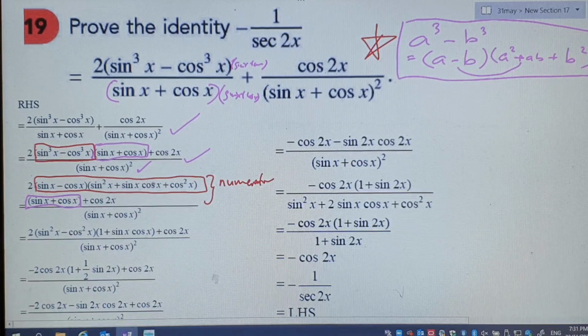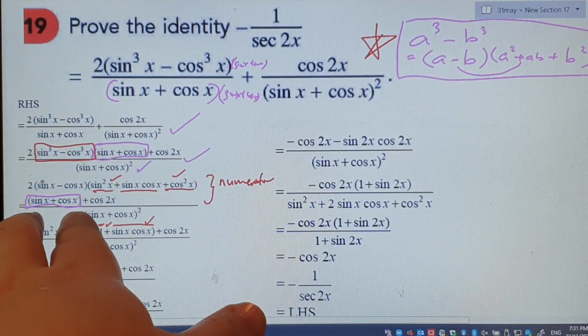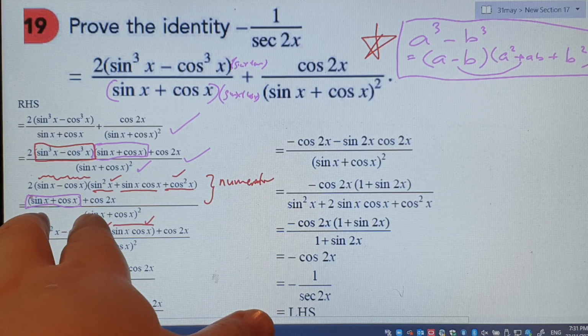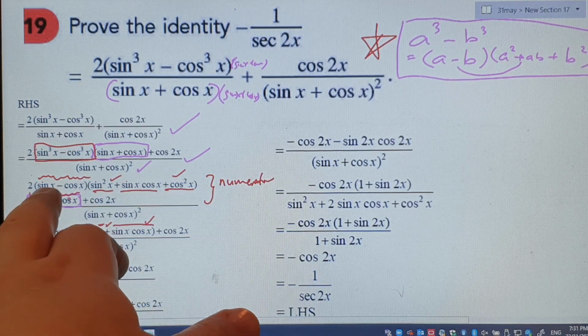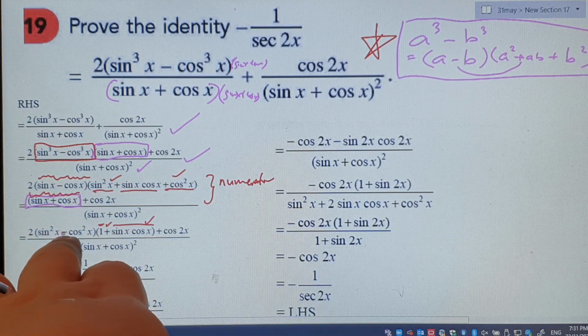Then after this, what do you do? Now is the other thing. Can you see that sine square x plus cos square x is actually 1? So this is what you get. This part is this part here. Then this fella, I put curly thing, and this fella is like A minus B, A plus B, so it becomes A square minus B square.